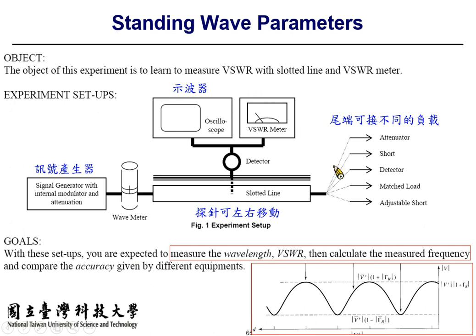So if you move the voltage probe along the slotted line, be careful here, because you will observe a sinusoidal signal on the oscilloscope. If you move the probe along the slotted line, you may have a large sinusoidal signal and a small sinusoidal signal.